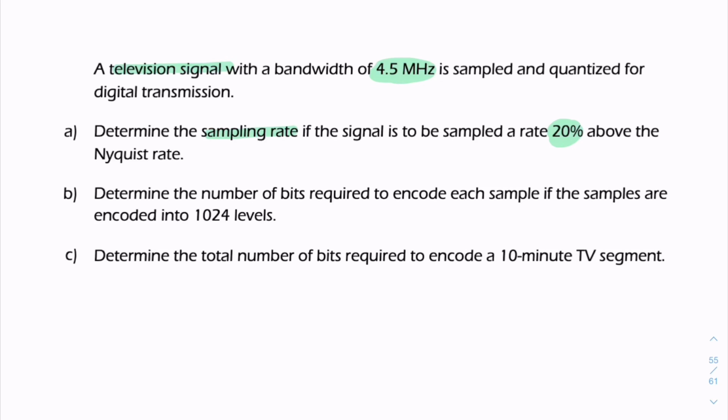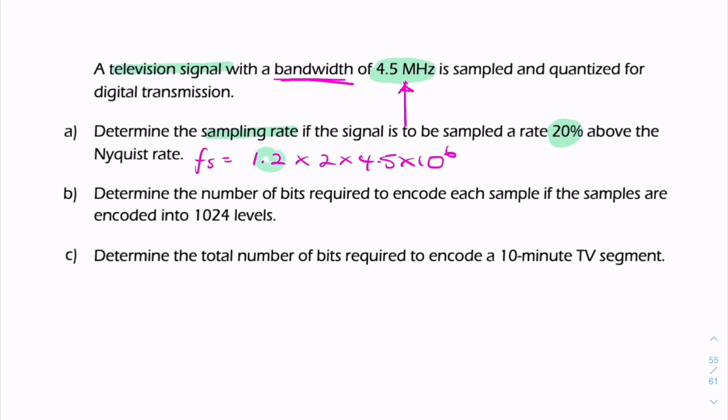rate. So if the sampling rate is 20% above the Nyquist rate, that's like 1.2 multiplied by the Nyquist rate. And the Nyquist rate is simply twice the highest frequency. The highest frequency is given with the bandwidth of the message, so it's 4.5 times 10 to the power 6.